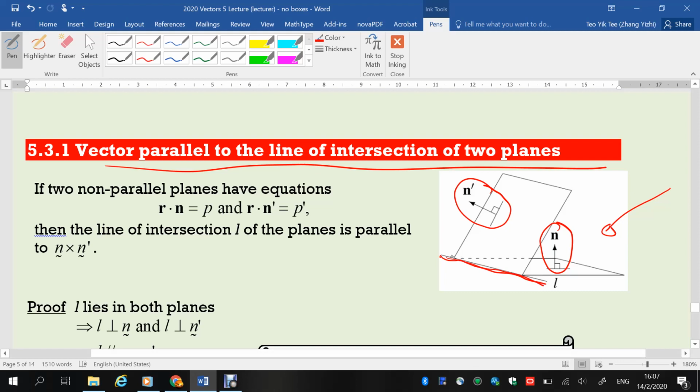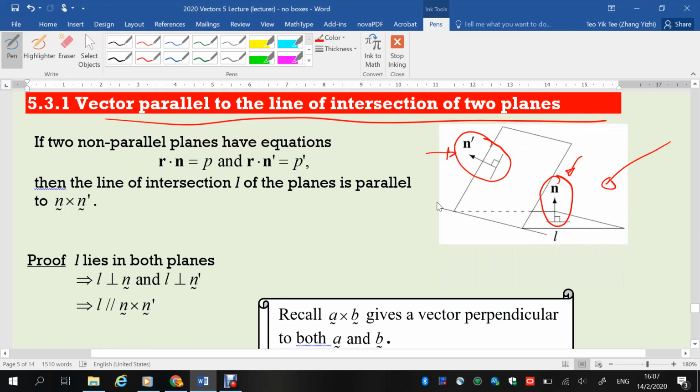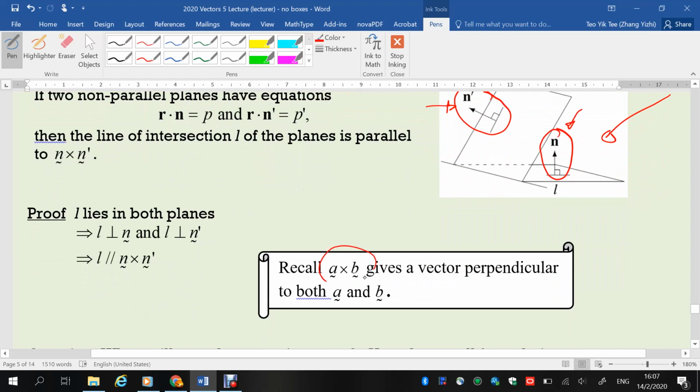So this line L is concurrently perpendicular to two other vectors. Line L is perpendicular to the normal vector of the first plane. Line L is perpendicular to your normal vector of the other plane. And if we go back to the definition, A cross B produces a vector that is concurrently perpendicular to two other vectors at the same time.